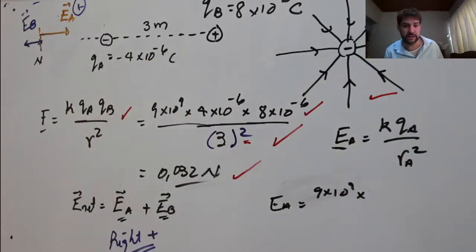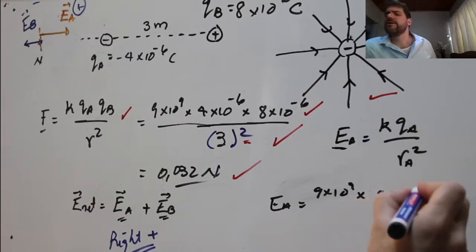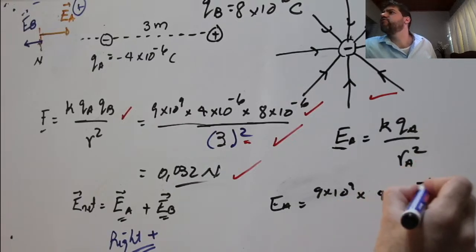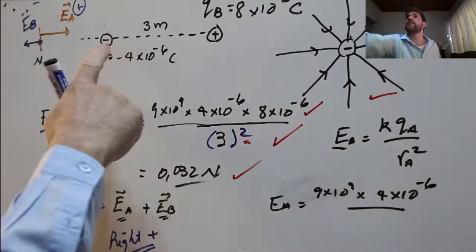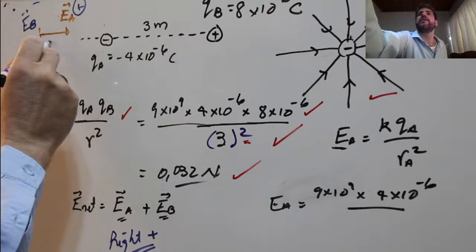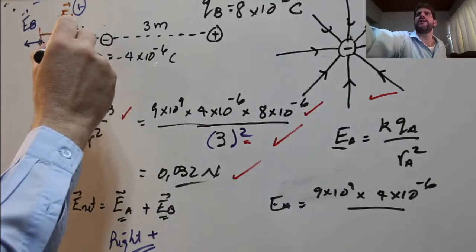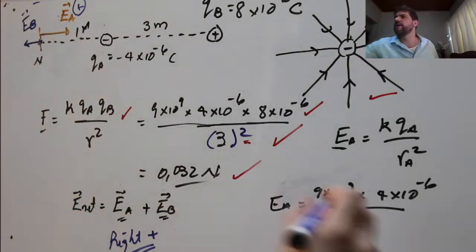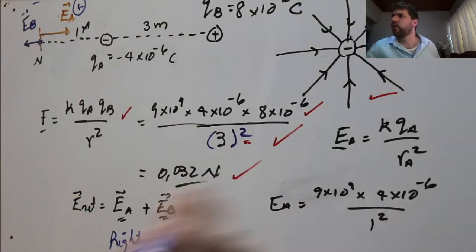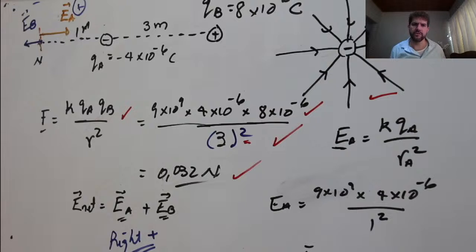You do not substitute the signs here, so it is going to be 4 times 10 to the -6 divided by the distance, which is going to be, remember, it's from A to the point N. All right, this one was 1 meter. So from A to the point is 1 meter square. Okay, and then the rest is the substitution there.